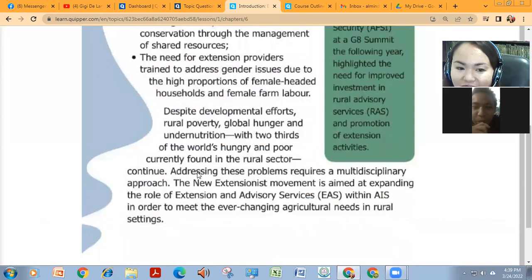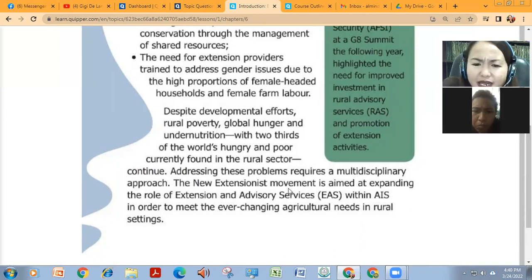So, in spite of developments, especially for poverty, global hunger, and undernutrition, we remain to be home to two-thirds of the world's hungry and poor, who are currently found in rural sectors. Although there are also in urban areas, but if you are in the rural area your access is poor and your life is also degraded.